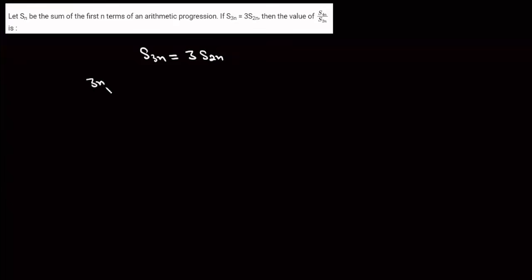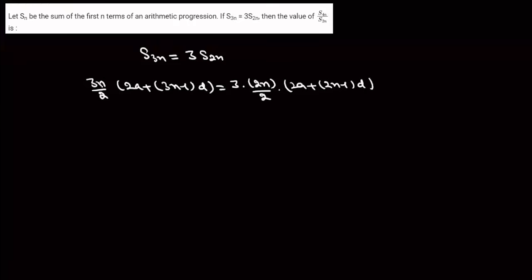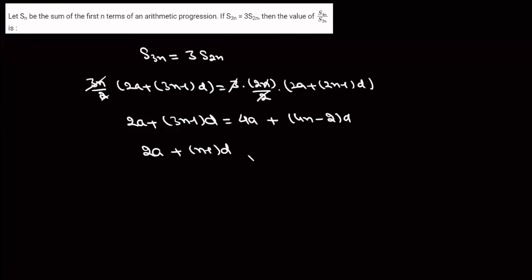Now S3n is 3n by 2 twice A plus (3n minus 1) into D, and this is 3 times 2n by 2 into twice A plus (2n minus 1) into D. Now this 3n will cancel, this 2 will also cancel, we'll get this as twice A plus (3n minus 1) into D, and it will be equal to 4A plus (4n minus 2) D. If we take everything on the right hand side, we can write 2A plus (n minus 1) D, and it will be equal to 0.